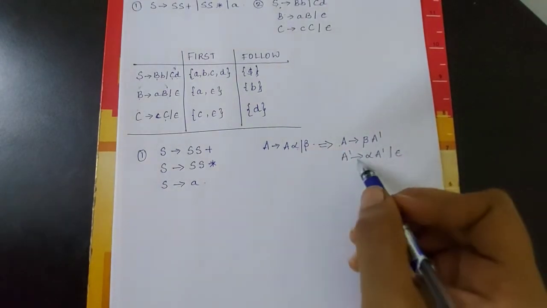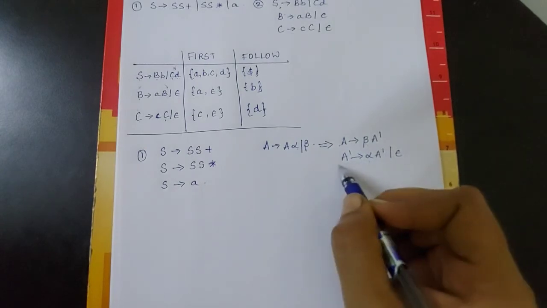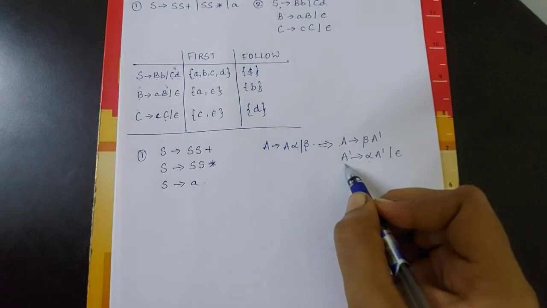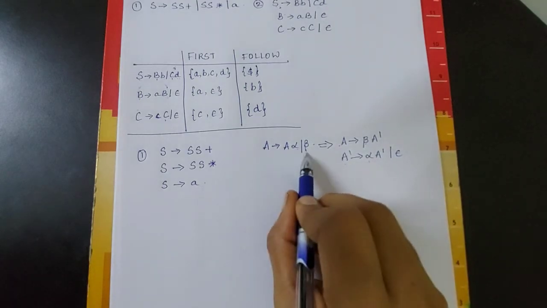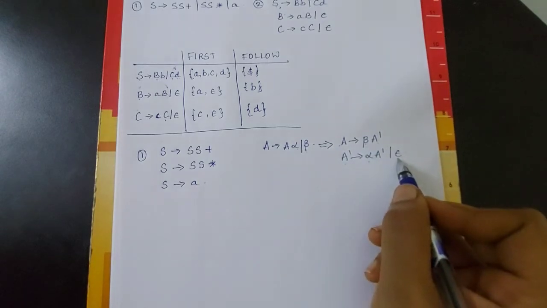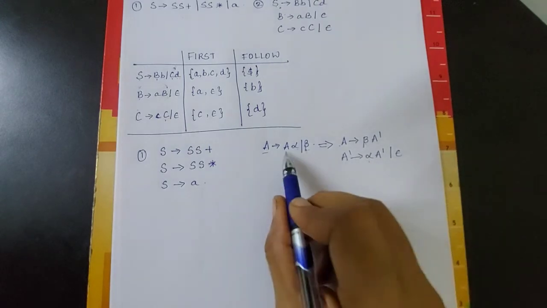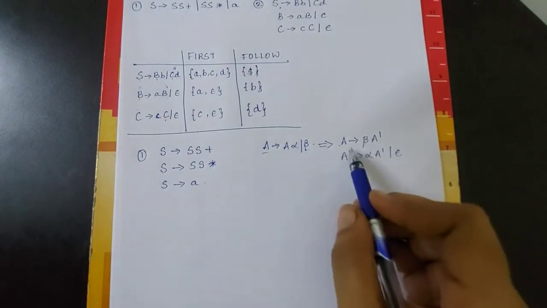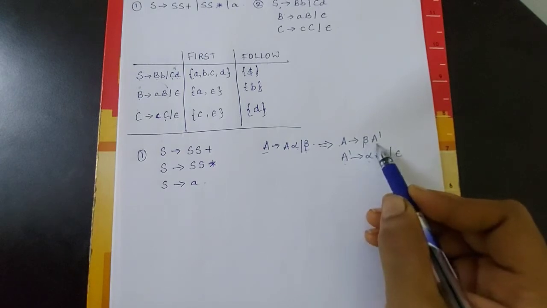Alright, so if you see over here, there is no variable that is present same as the head of the production. Also, if you substitute the values, you will get the same production which is there over here. A derives beta A dash, and A dash can be epsilon. So I got this production, A derives beta. Then for the production A derives A alpha, A derives beta, I will write. And what is A dash?